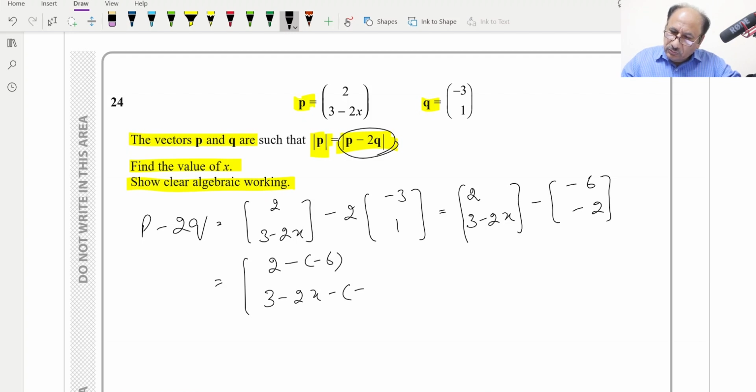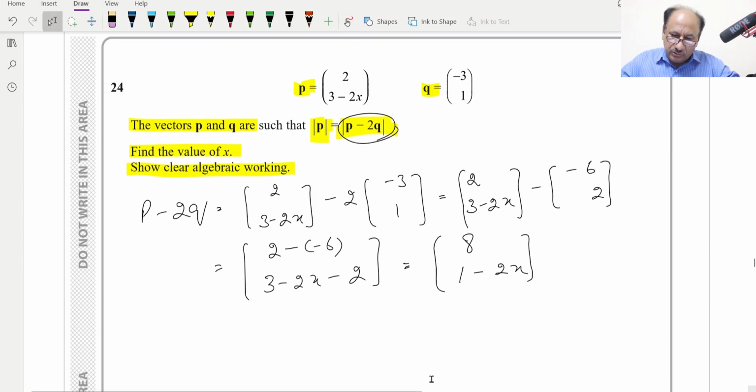Basically this should be plus 2 because minus is outside, so this will be minus 2 over here, and finally this column vector can be written as 8, and this will be 3 minus 2 will be 1, so 1 minus 2x, this will be the value of P minus 2Q.